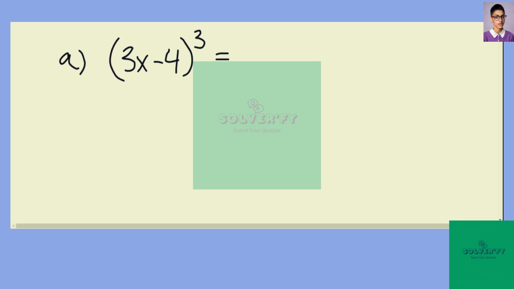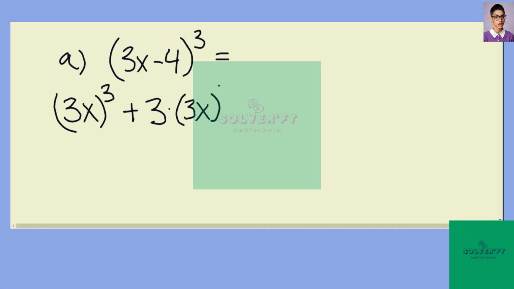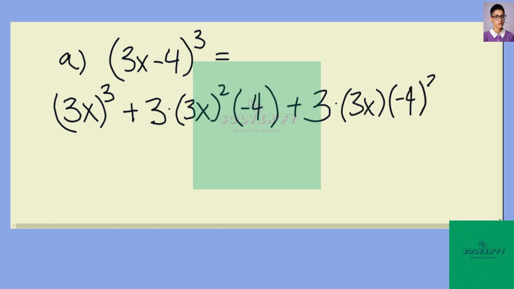If we use the binomial theorem, we get this is equal to 3 choose 0, which is 1, times (3x)^3, plus 3 choose 1, which is 3, times (3x)^2 times (-4)^1, plus 3 choose 2, which is also 3, times (3x)^1 times (-4)^2.